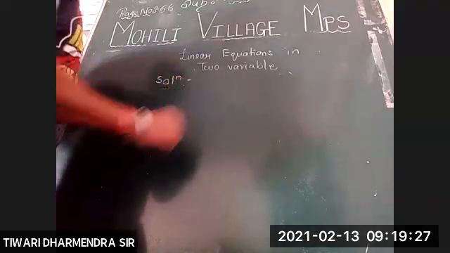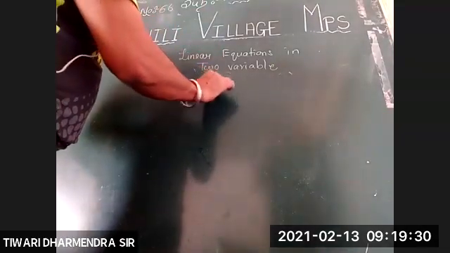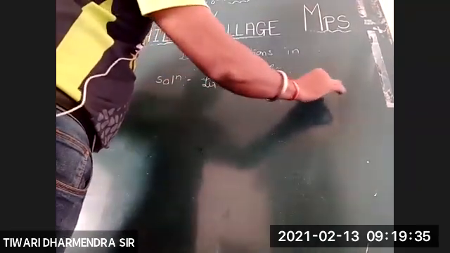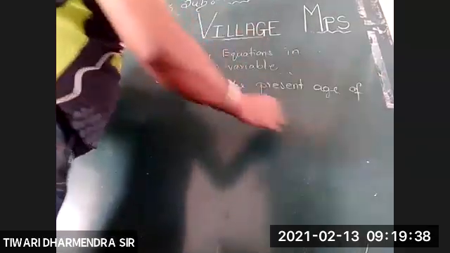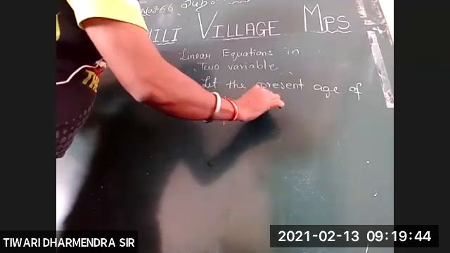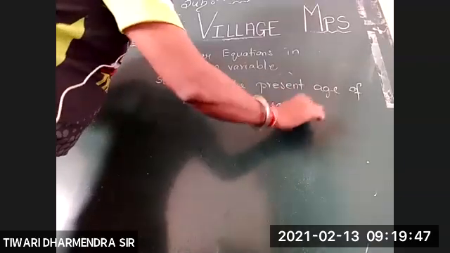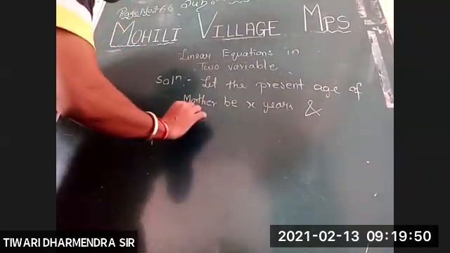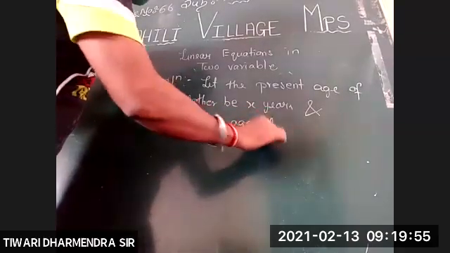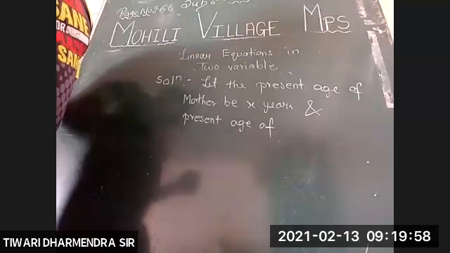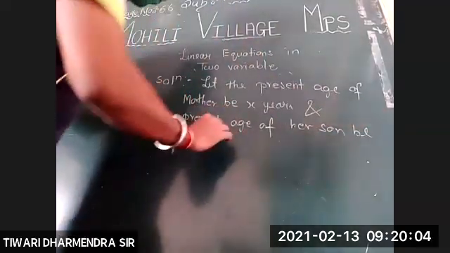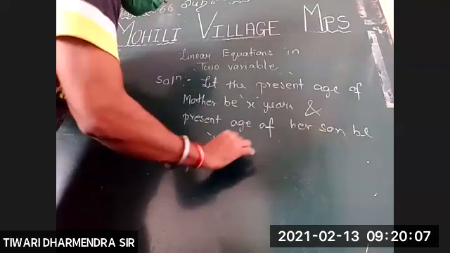So how to start the solution for this problem? Let the present age of mother be X years and present age of her son be Y years.